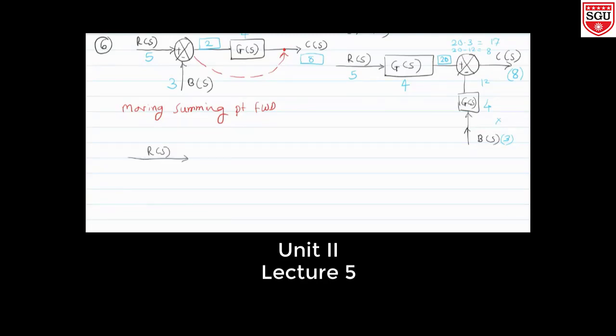R of S is there, then we have a summing point, then G of S, and we get C of S. Here the summing point input is H of S, and to that H of S, B of S is coming.